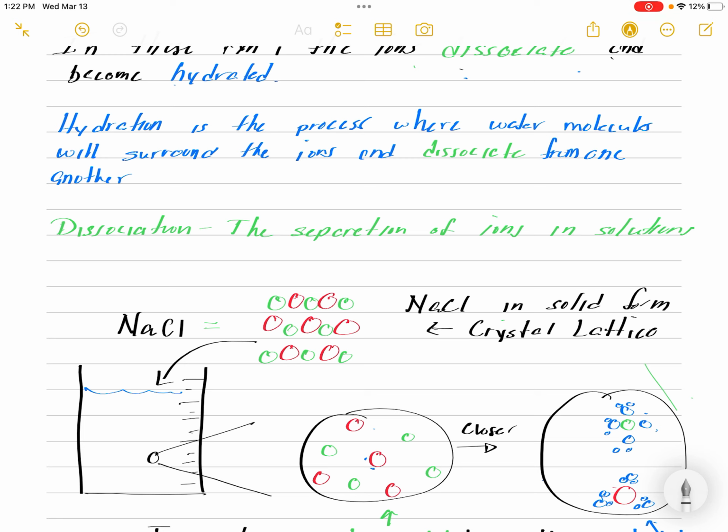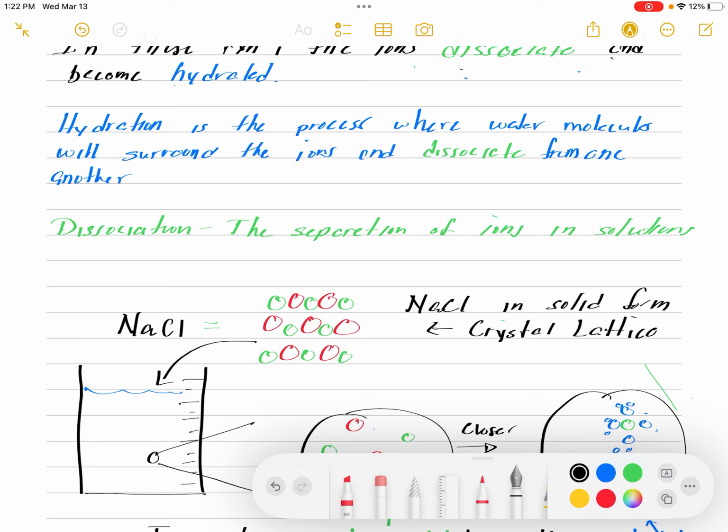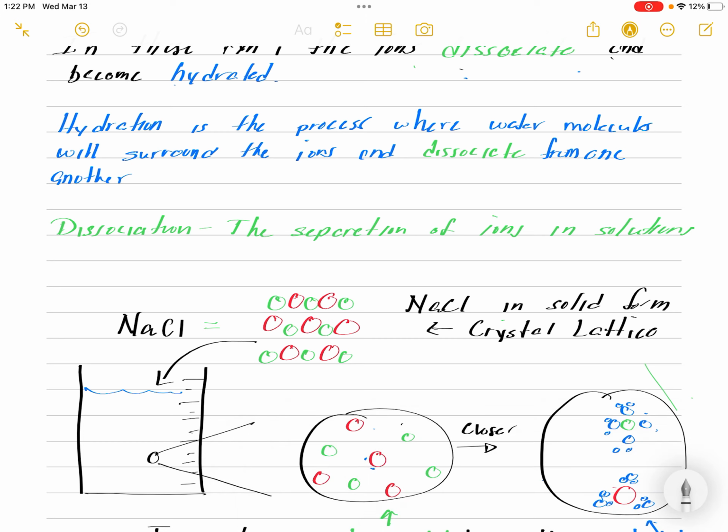It's going to separate into your negative ions, right, and your positive ions. So here's your negatives, here's your positives, right? These are going to be free-flowing in solution because they are able to carry this charge, then they're able to help move electrons through, right? They're able to conduct electricity.